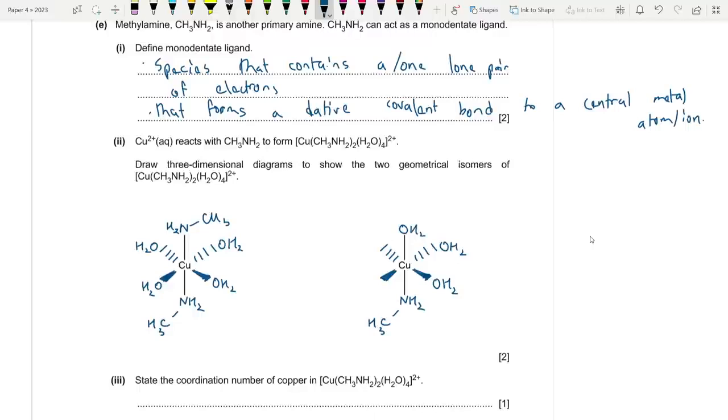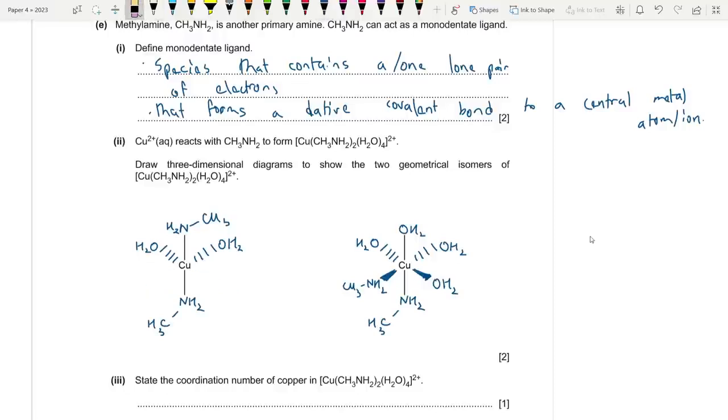You can put this over here, OH2, and you can put NH2CH3 over here. It doesn't have to be here. It could also be here or here or here. It would still give you the cis isomer basically. Okay. So this is one way of drawing it. In the mark scheme, they have drawn it in a different way, but that's totally fine. You don't have to draw it like that. This way is completely okay.